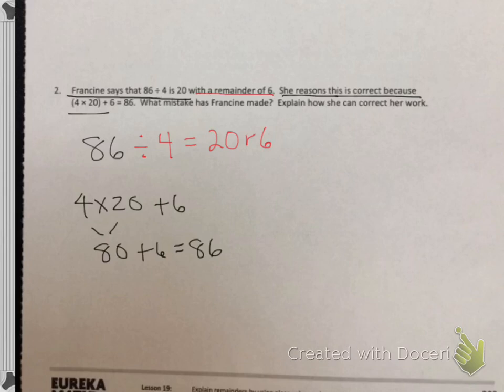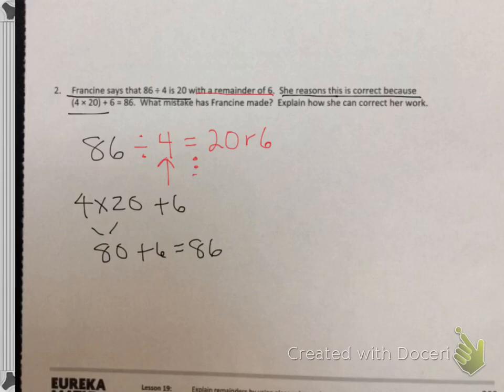What mistake has Francine made? And I'm pretty sure that you're already seeing the issue here: she isn't thinking of groups of 4. She is using addition as a means to understand the division. But we know that we need groups of 4.